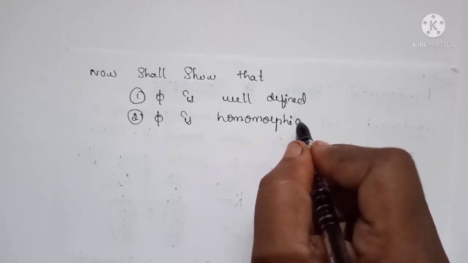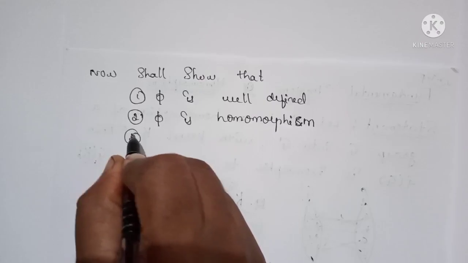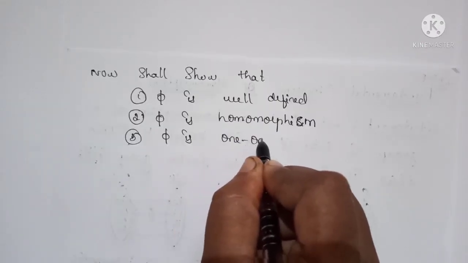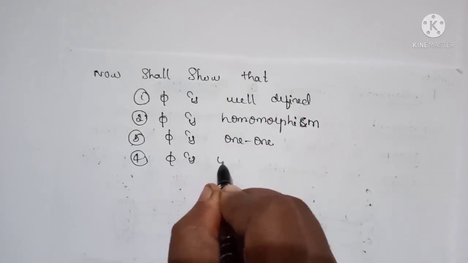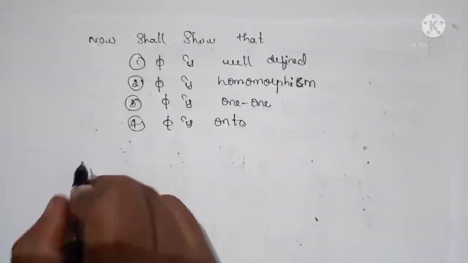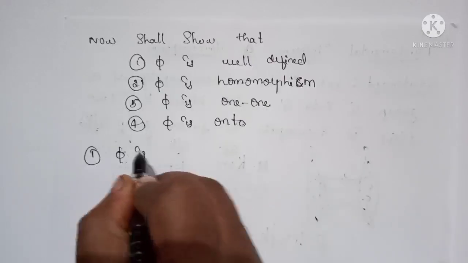Third one, phi is one-one, and the last one is phi is onto. So we have to show all these. Let us prove the first one: phi is well defined.